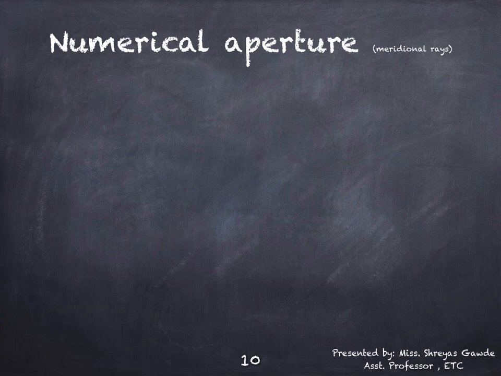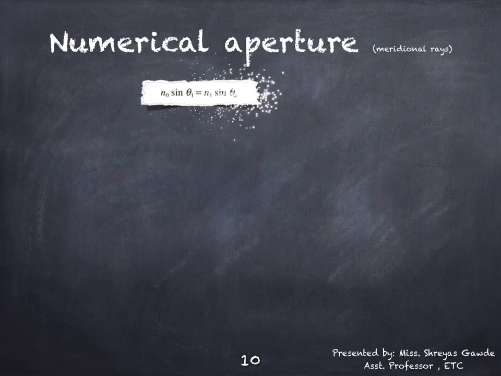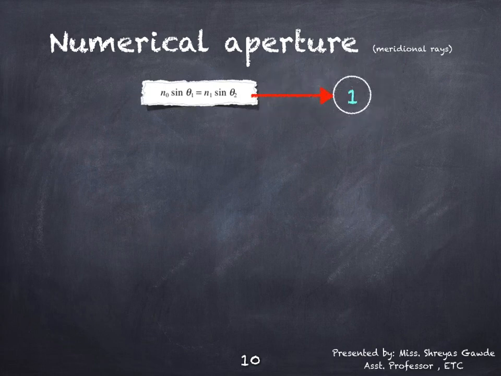Assume that the entrance face at the fiber core is normal to the axis. Now considering the refraction at the air core interface and using Snell's law, we get n0 sin θ1 = n1 sin θ2.